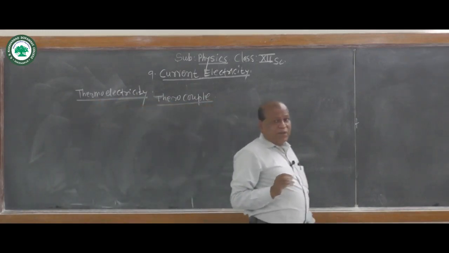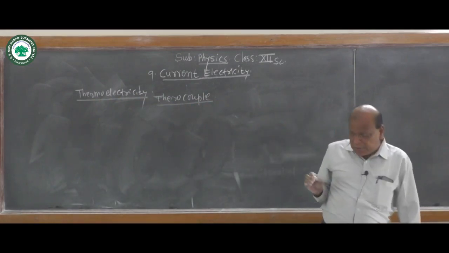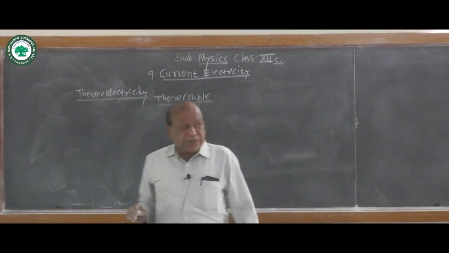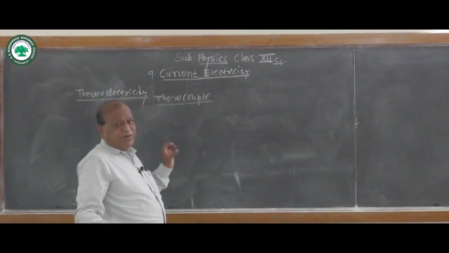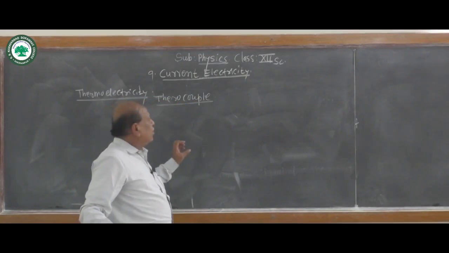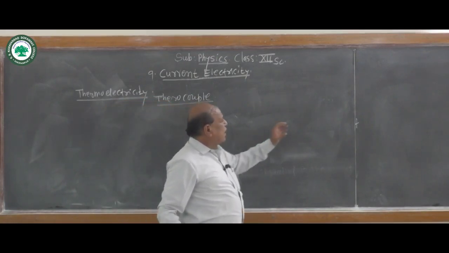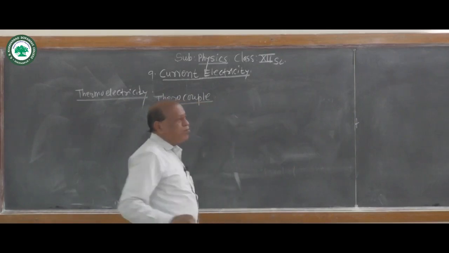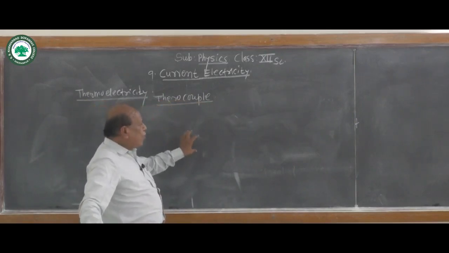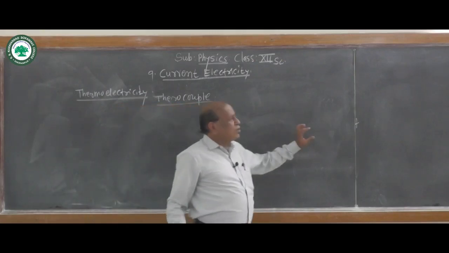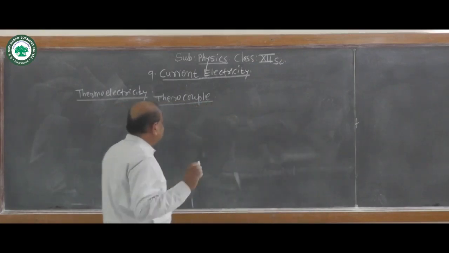When these thermocouple junctions are kept in a hot liquid or hot place and a cold place, then current will flow from the hot junction to the cold junction.